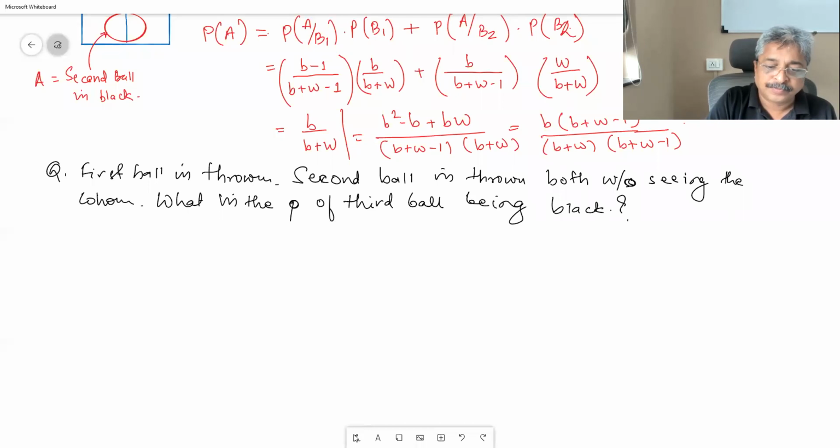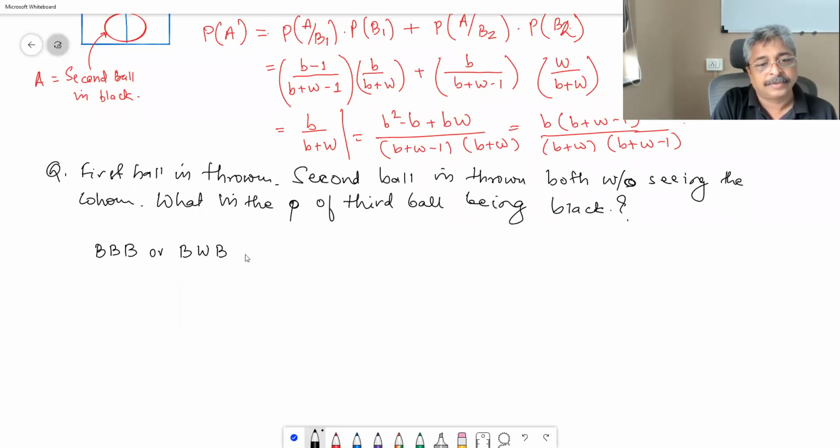First ball black, second ball black, third ball black; or first ball black, second ball white, third ball black; or first ball white, second ball white, third ball black; or first ball white, second ball black, third ball black. These are the four cases. We want the third ball to be black. So we have BB, BW, WW, WB. Those are the things which are going to happen before.